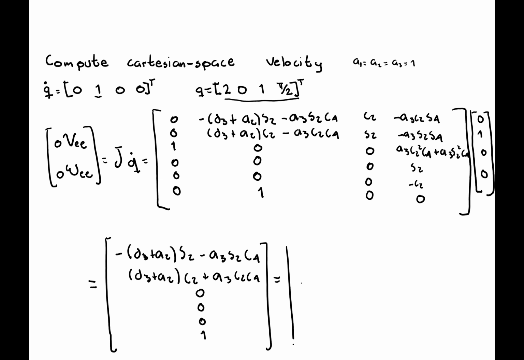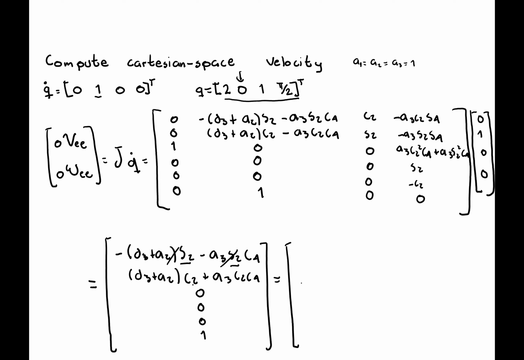So now we are going to replace the values of our joint variables in our vector. So d3, well, let's start with the sines. In this way, with our joint variables, we can get rid of all the sines. Our joint 2 is 0, so here we have sine of 2, so these two terms become 0.